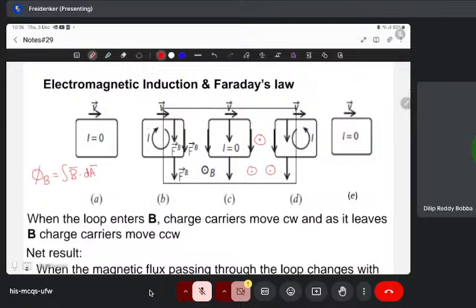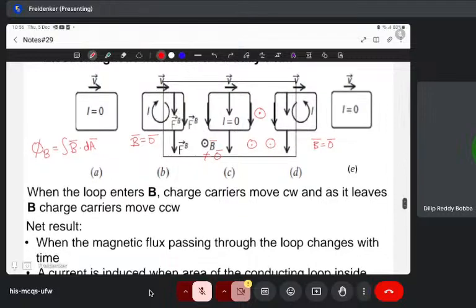Here B is 0 outside, but here B is not 0. In this region, you have magnetic field. Fine. So electromagnetic induction is described in terms of magnetic flux. We'll see how.